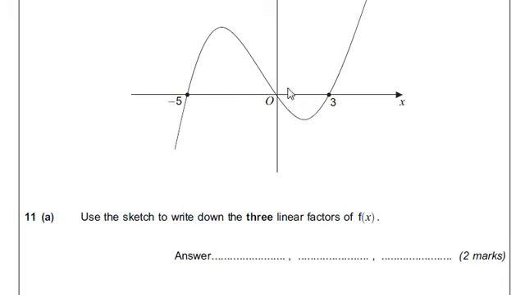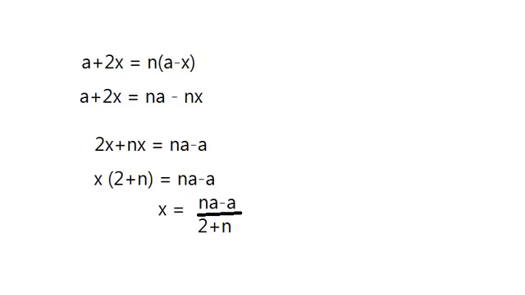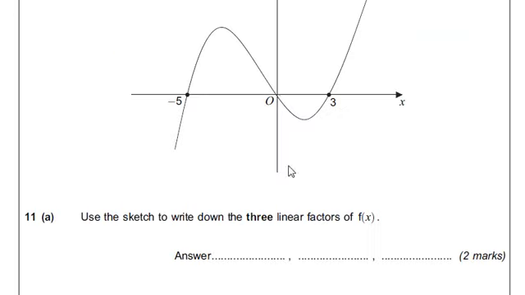So for 0, we know that anything with 0 is a factor, if x is 0, it's gonna be 0, right? So a direct factor of that cubic will be just plain old x. So x is one factor for that question.